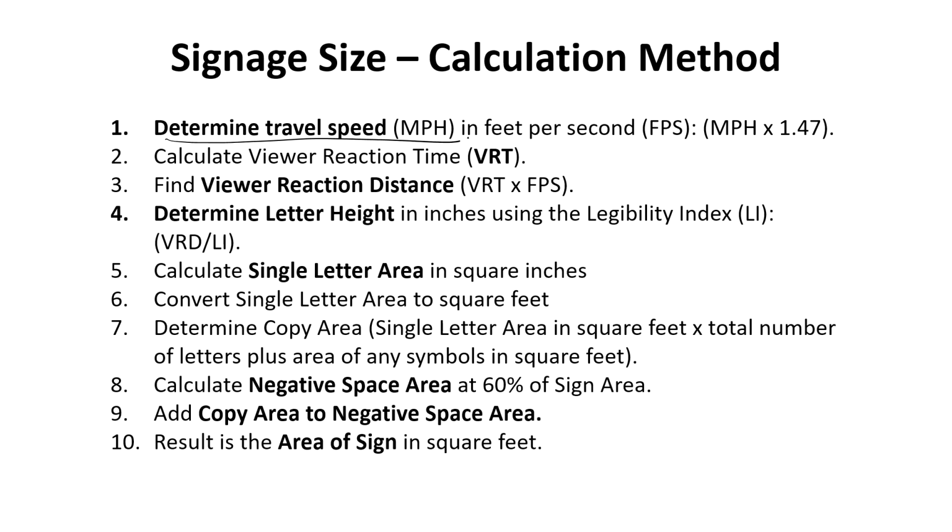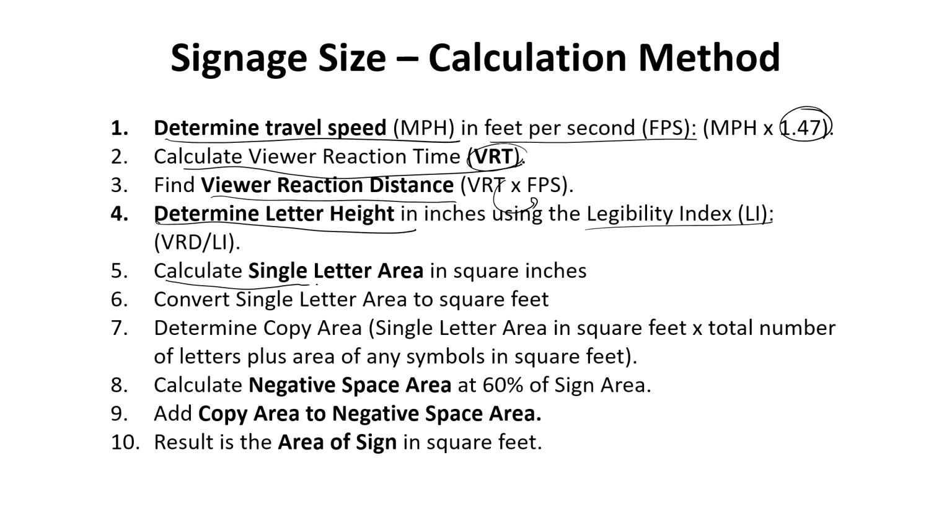We have to convert that using the multiplier of 1.74. Then we have to calculate the viewer reaction time. Multiplying it with the speed, we will get the distance. To determine the height, we will use the legibility index from the table.